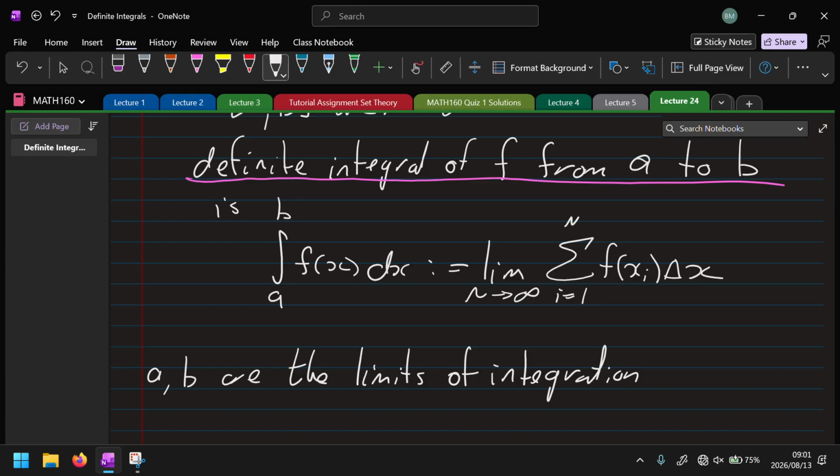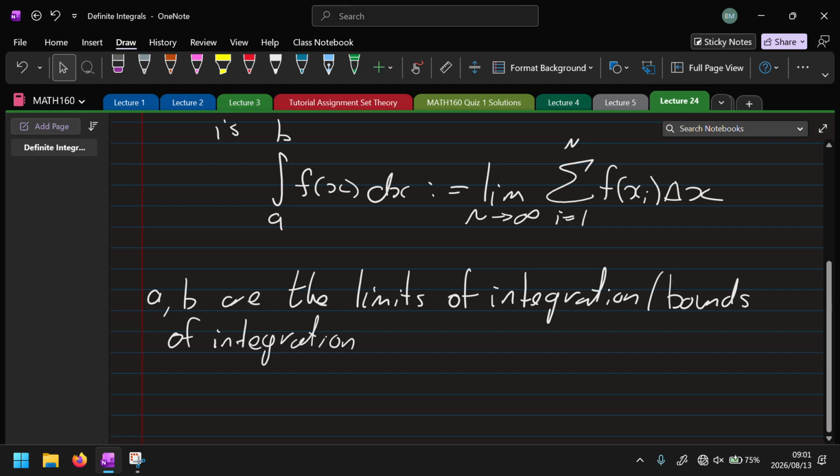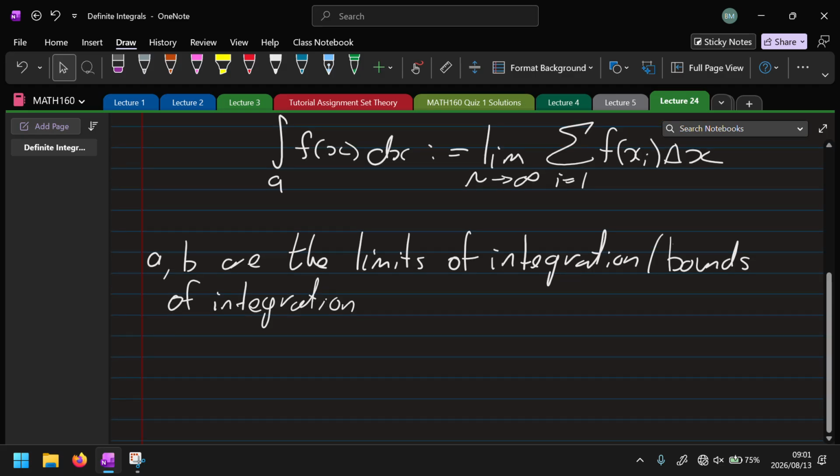I'll use it interchangeably: limits of integration or bounds of integration. Again, it's just some terminology we use for that. The function inside there, we call that the integrand.